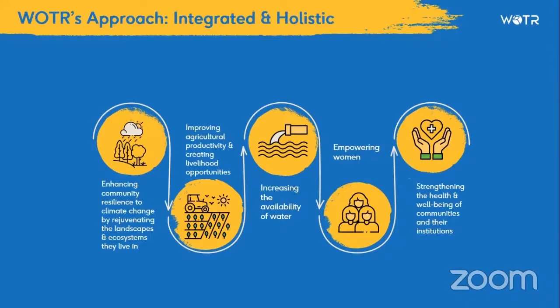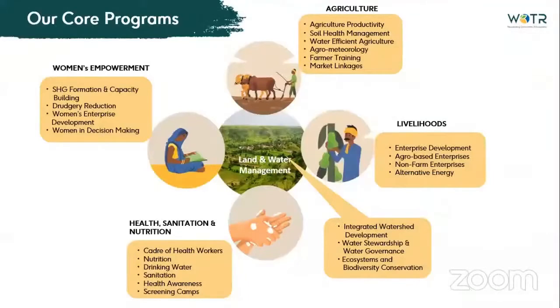And last two but not least is empowering women and their contribution in the decision making of the activities, and strengthening the health and well-being of the communities and their institutions. So these are the 5 major sections where land and water management is at the heart of each activity.